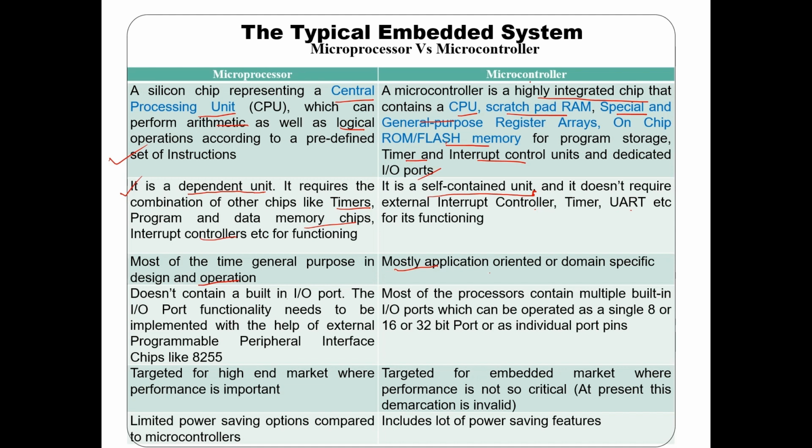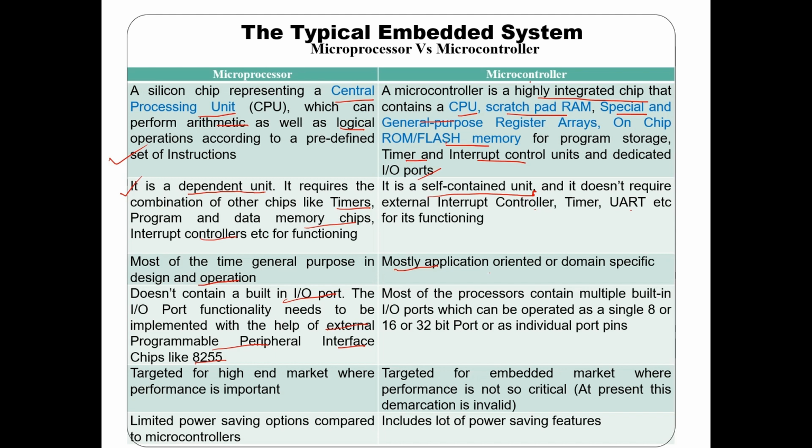The microprocessor does not have built-in IO ports. So whenever IO ports have to be connected to the microprocessor, we have to depend on an external programmable peripheral interface. In the market there is an IC available directly to support the IO ports for a microprocessor based embedded system. It is the 8255, also termed the programmable peripheral interface device.